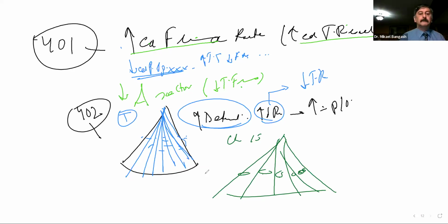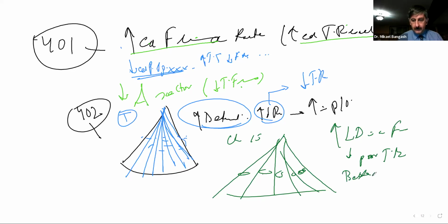Any questions? So we can say that a higher line density in a frame will lead to poorer temporal resolution, but better spatial resolution.